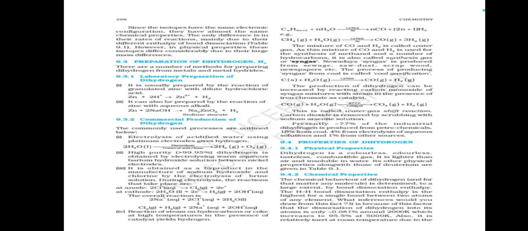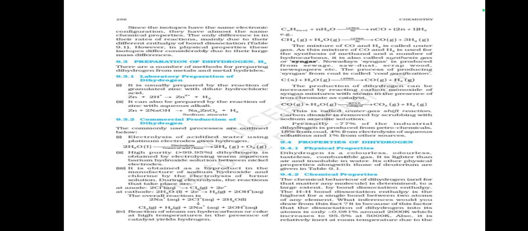The production of dihydrogen can be increased by reacting carbon monoxide of the syngas mixture with steam in the presence of iron chromate as catalyst. CO + H2O at 473 K in the presence of catalyst gives CO2 + H2. This is called the water gas shift reaction.